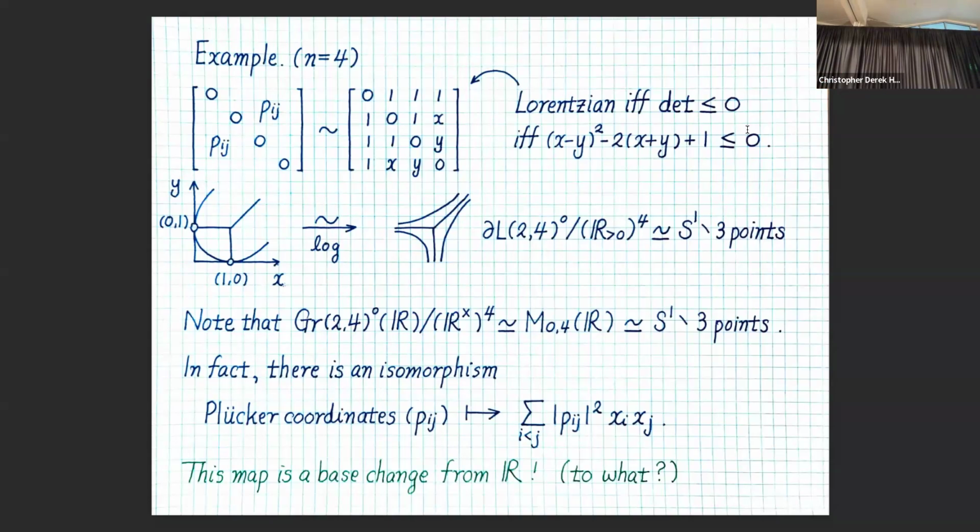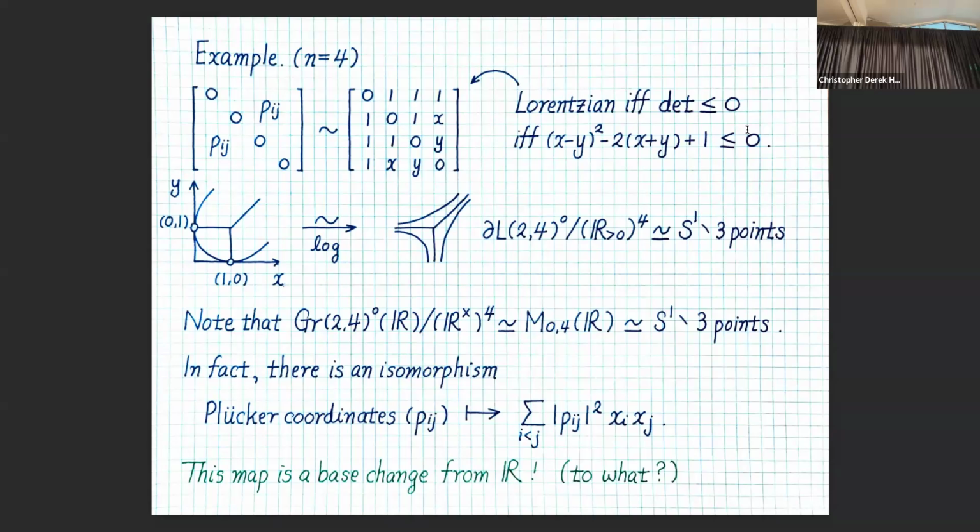How? The isomorphism is given by the map that sends the Plücker coordinates of the usual Grassmannian, Pij, into the quadratic form with the coefficient Pij squared. And this sentence contains many, many little claims at the linear algebra level.